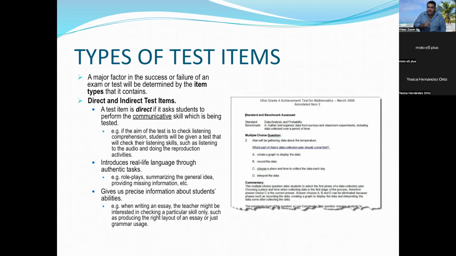A test item is direct if it asks students to perform the skill which is being tested. Example, if listening is the skill, then you will have listening questions. For example, listen to the following audio and answer the question. Or listen to the following conversation and then complete the phrases. So that's direct.